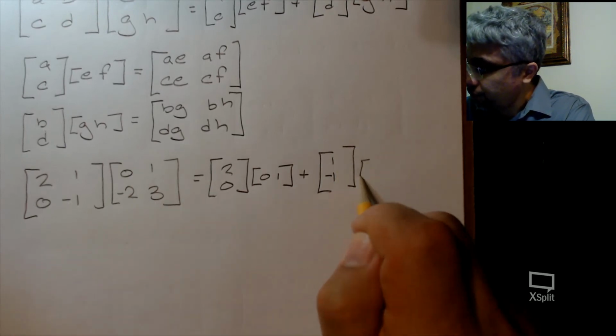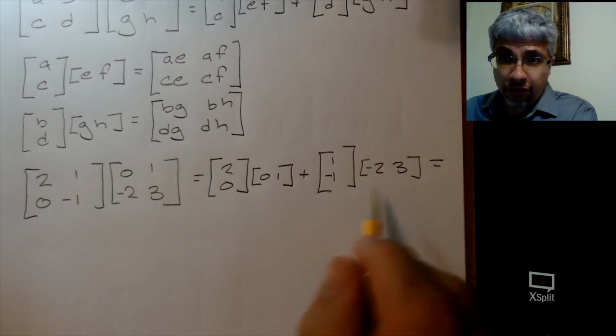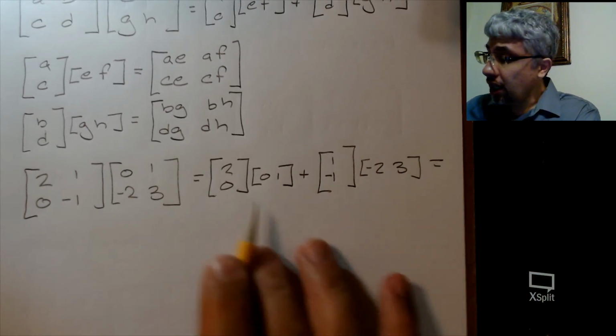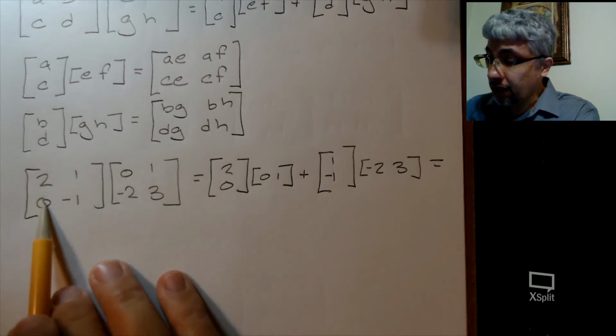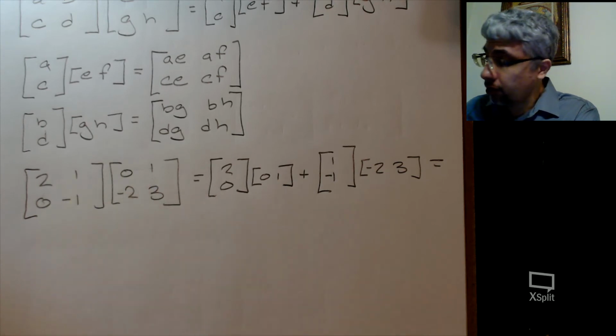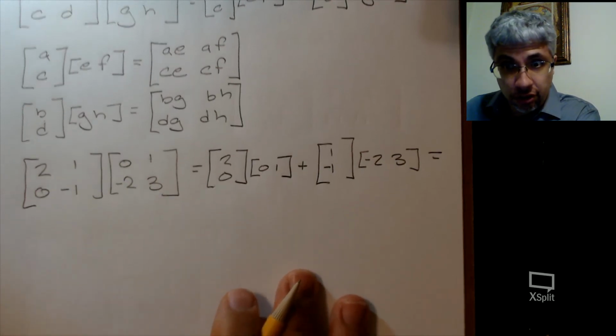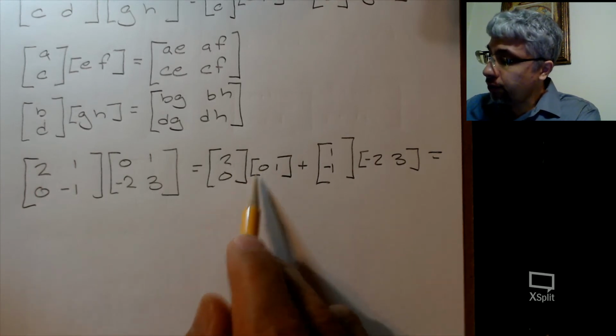Now, of course, I wouldn't necessarily need to write this out if I got good at doing it in this fashion. I could just get this from looking at this column and this row, and then looking at this column and that row. But for a first example, I definitely should write this out, especially for a lesson. So I've written this out. What do I get here?